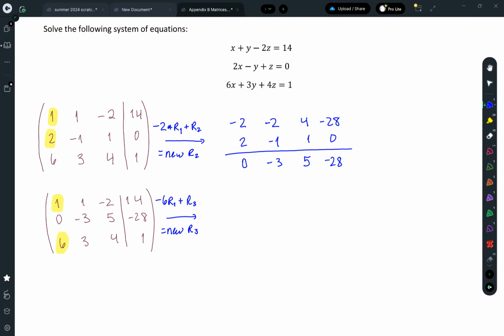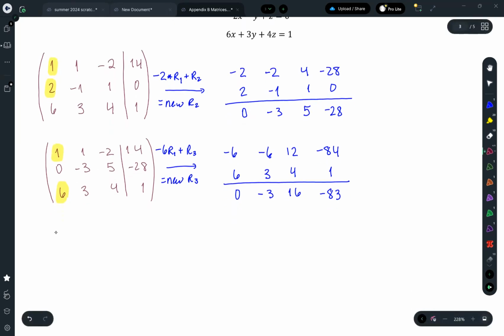So when I multiply row 1 by -6, the coefficients I get are -6, -6, 12, and 14 times -6, that's going to give me a -84. My row 3 remains the same, 6, 3, 4, and 1. I add my components and I get 0, -3, 16, and -83. So this is my new row 3.